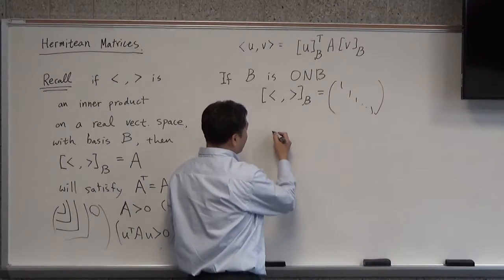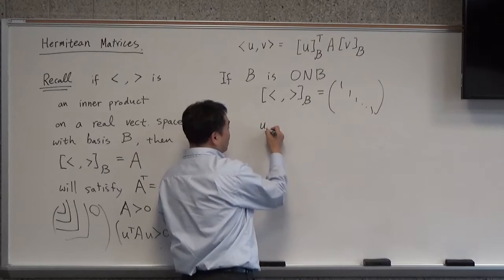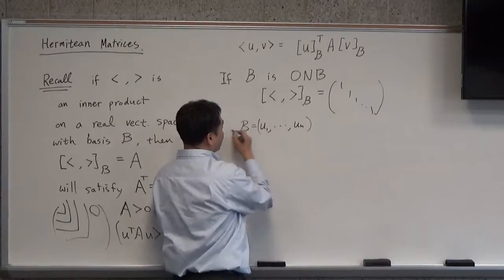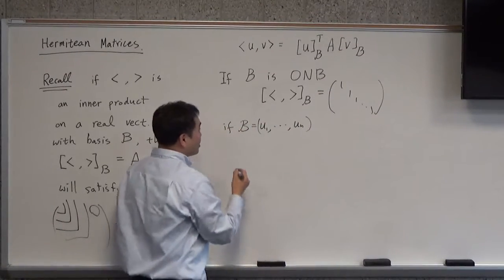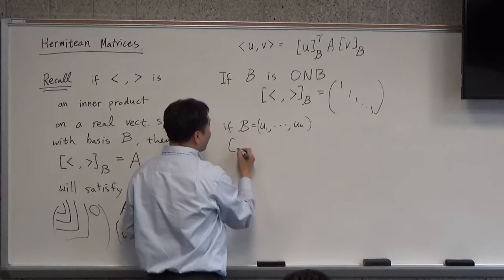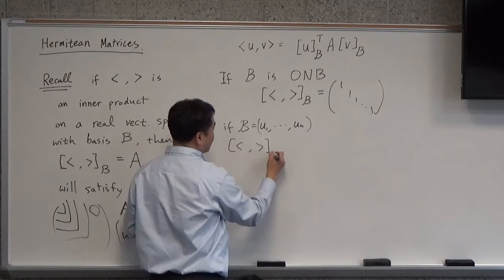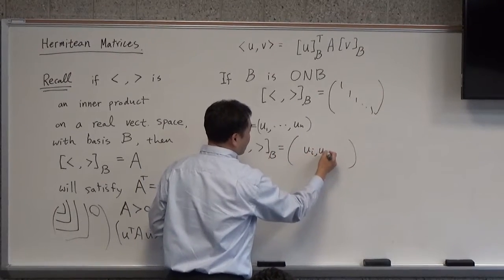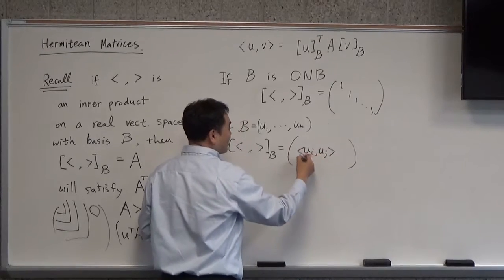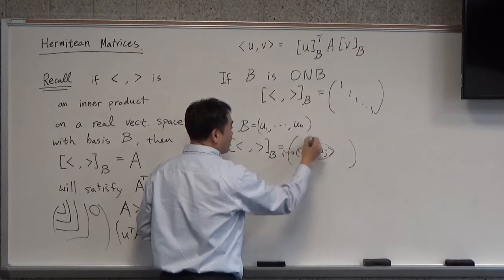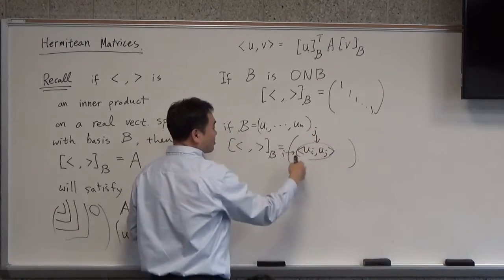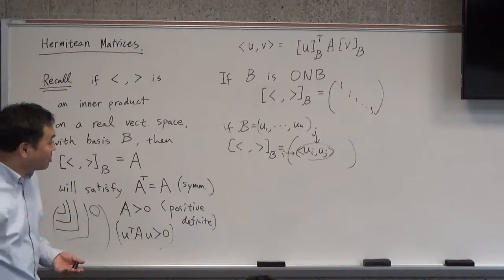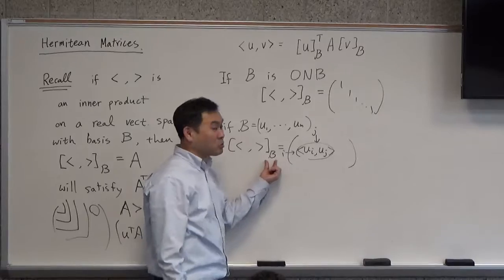So if you have basis vectors, say u1 through un, if this is the basis, then this matrix is really made of ui inner product uj. This gives you a number, right? So at the ith row and the jth column, you get this number. And if you fill this in for the entire matrix, that's how you get the matrix form of the inner product with respect to the given basis.